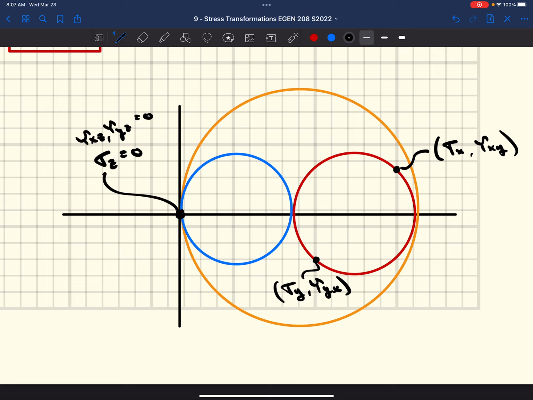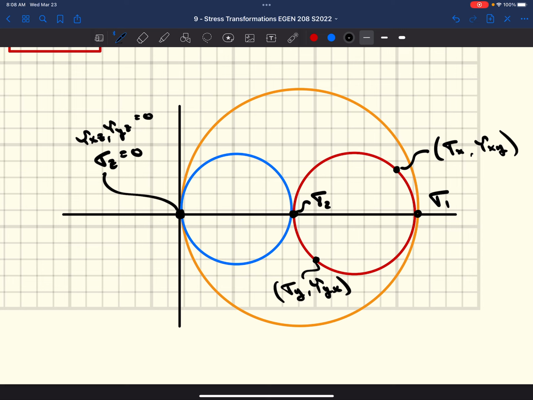So now we would take our sigma x, right? So we get this plane stress case out here. That's our maximum normal stress, or our principal stress 1. We know we've done that before. This is our sigma 2, our minimum principal stress in the xy plane.